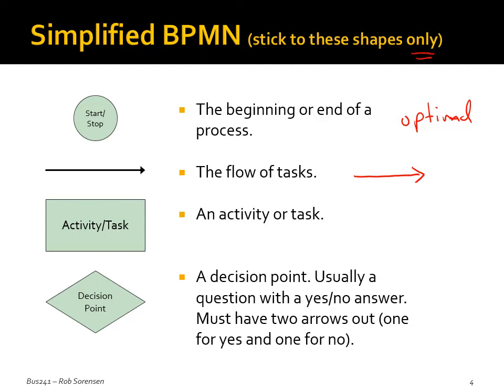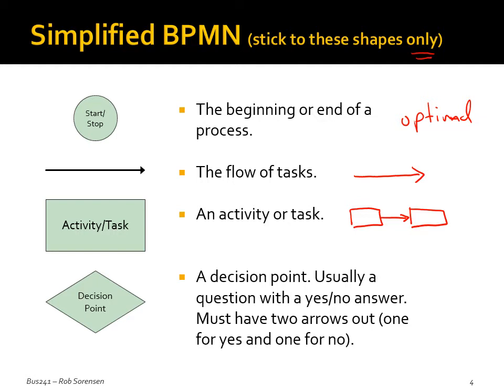I'll show you an example here in just a minute, but those activities would be connected by arrows, wouldn't they? Because first we'll do one activity, then we'll move on, and we'll do the next activity. Now, often processes aren't just a linear set of steps, but there are decision points along the way where you may branch off, and we can use a diamond for that. And that's a decision point.